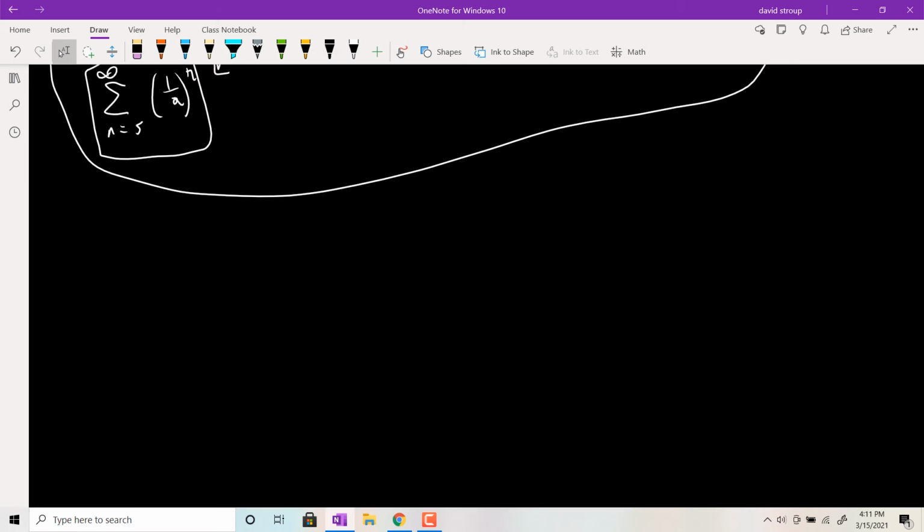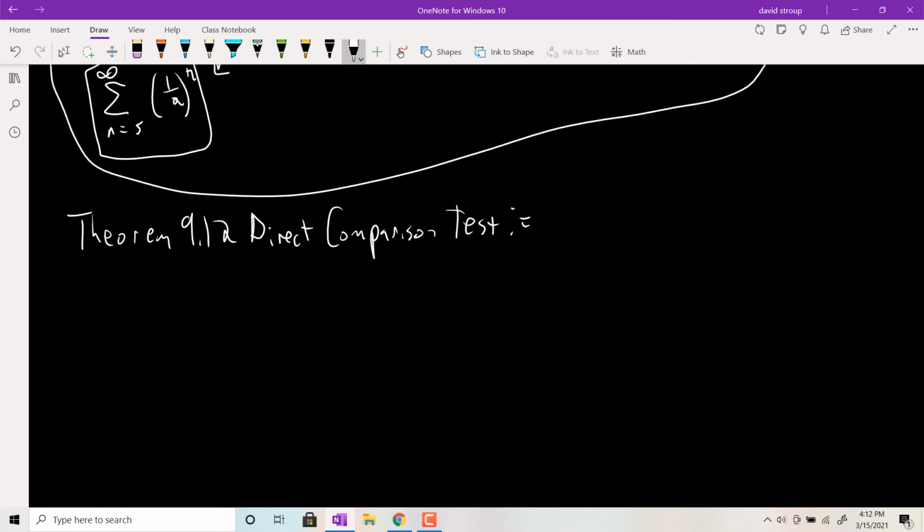The way the direct comparison, so let me give you the direct comparison test. So this is theorem 9.12. I think it's 9.12. It used to be the direct comparison test. Okay. So we're dealing with two series, okay, and we want the terms of both series to be positive.